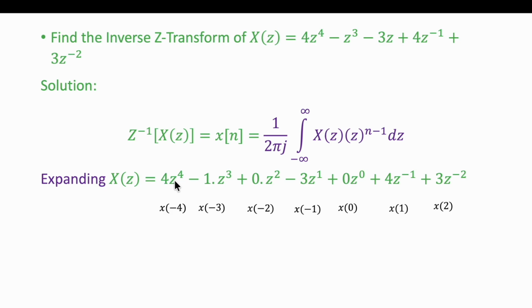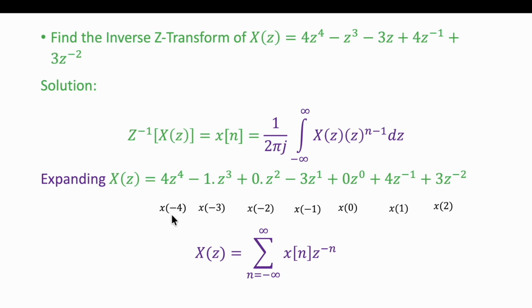So 4z^4 minus 1z^3 plus 0z^2, because from this equation you can't see any value of z square, so that is why you are writing 0 here. And then minus 3z^1 plus, again you don't have any value of z^0, so that is why you write 0 z^0, plus 4z minus 1 plus 3z minus 2.